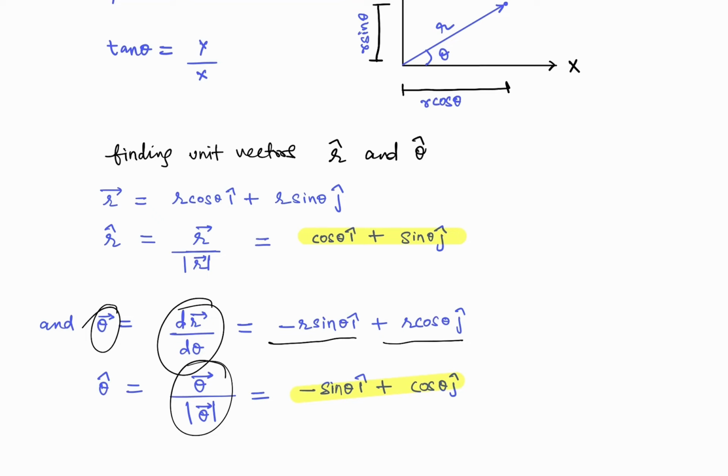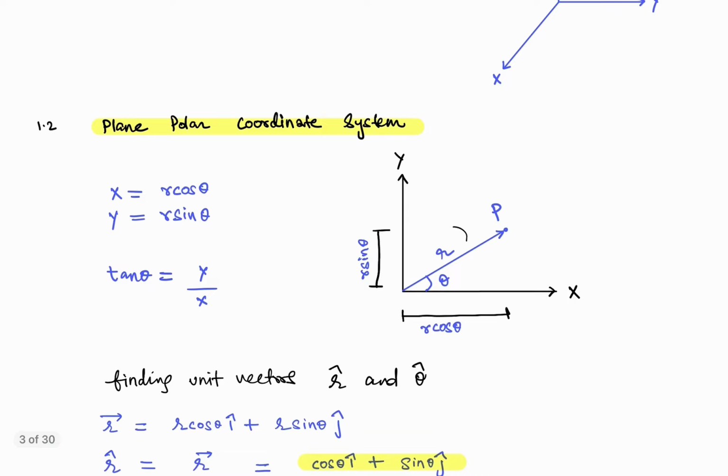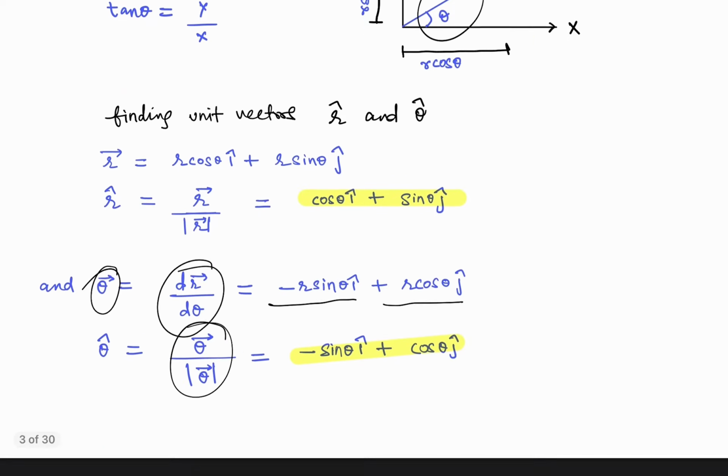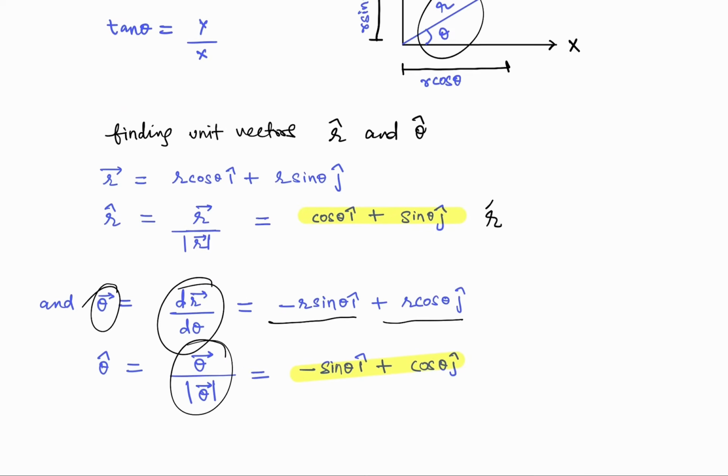If you want to verify that our result is correct or not, you should know that the angle between any two orthogonal basis vectors is always 90 degrees, and here r and theta are actually basis vectors. So if you find the dot product of r cap and theta cap, we will actually get it to be 0 because they are orthogonal, they are 90 degrees to each other.